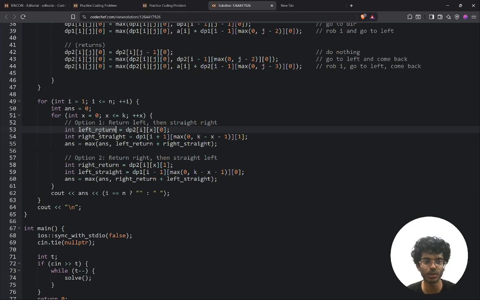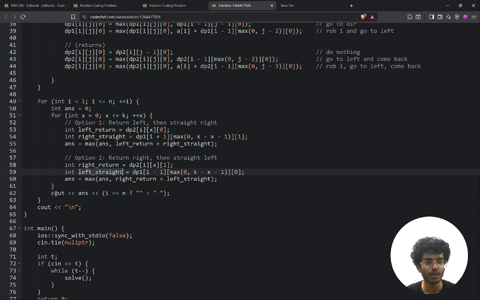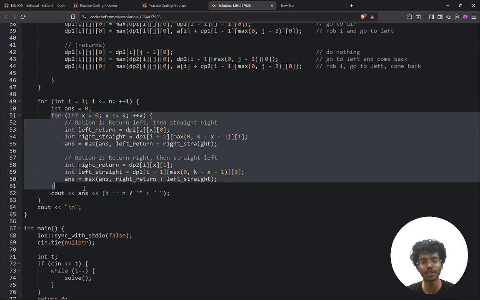So we are computing what is going to be the cost if we go to left and return to this index, and we go to right straight. And similarly, what is the cost if we go to right and return and then go to left straight. And the answer would be max of this answer, comma, the sum of this left return plus right return. And similarly for option two. And our overall answer would be max across all these possible x indices.